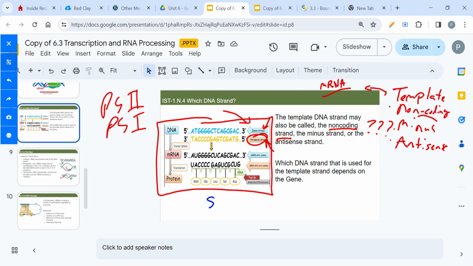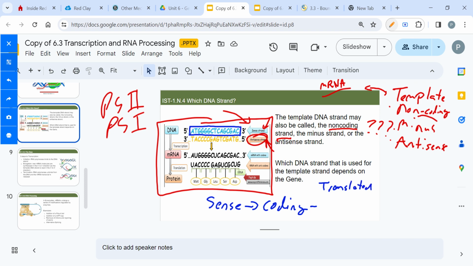Your sense strand, like it makes sense, is your coding strand. This is what you're trying to eventually get translated. You're trying to turn this into the protein.